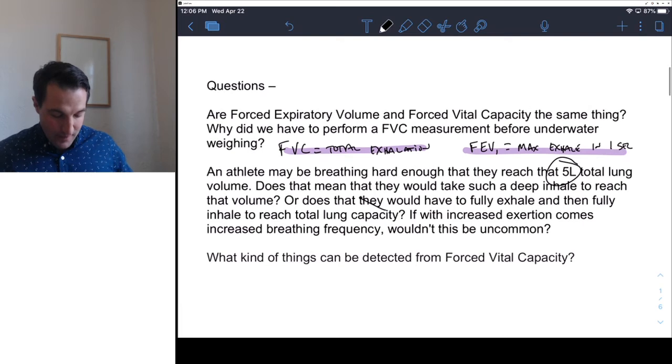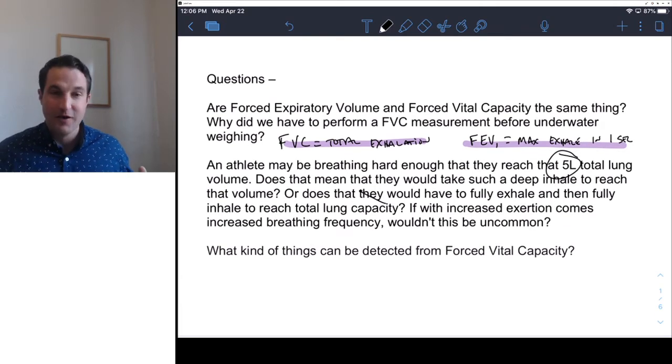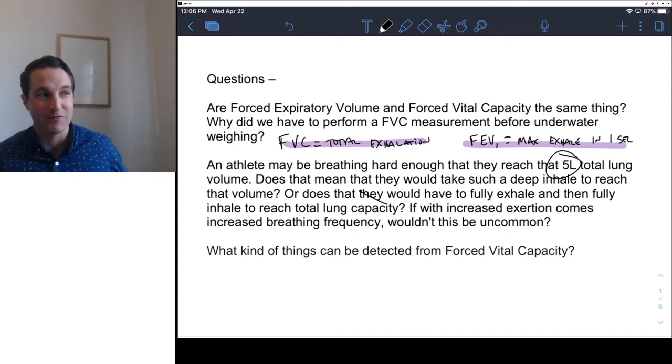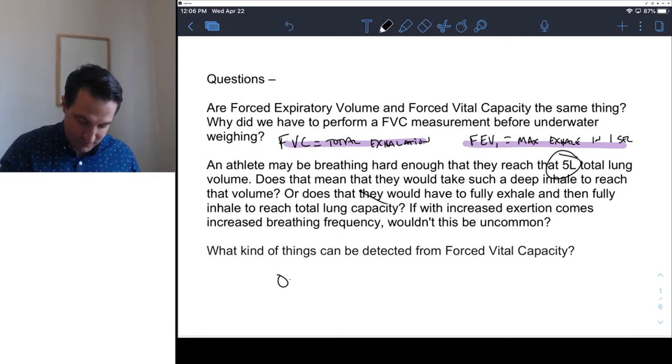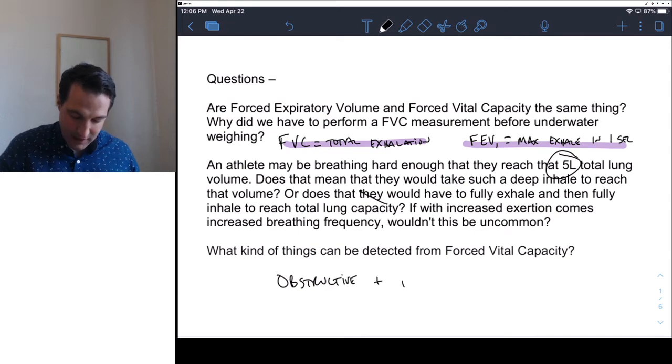Okay. What kind of things can be detected from forced vital capacity? Well, I'm glad you asked, whoever wrote in this question, because that's exactly what we're going to be covering today. The two big classifications are obstructive and restrictive lung disease.